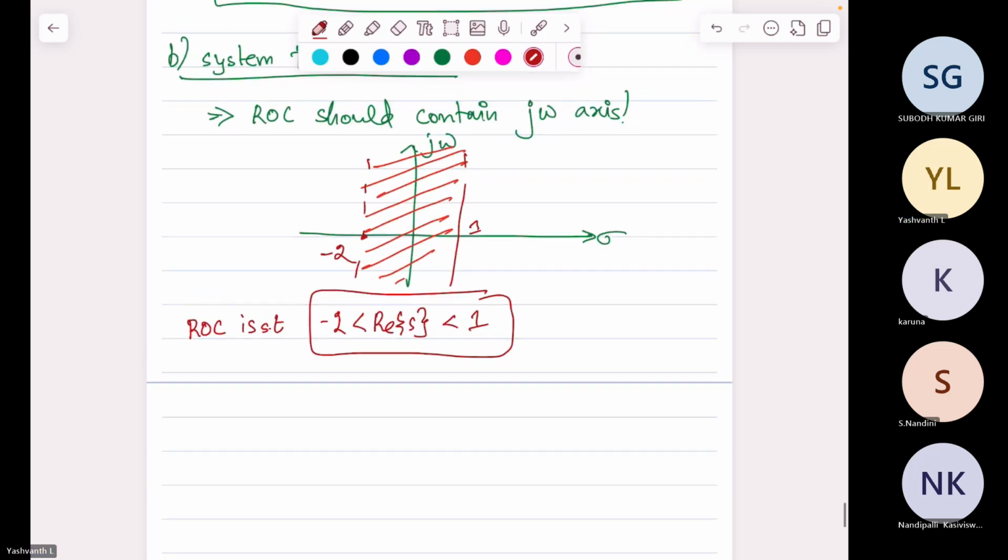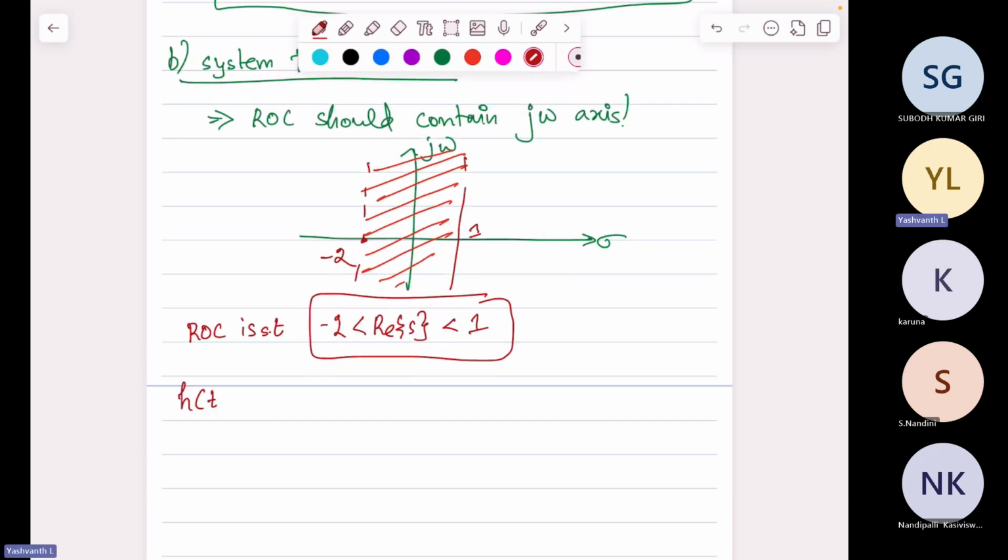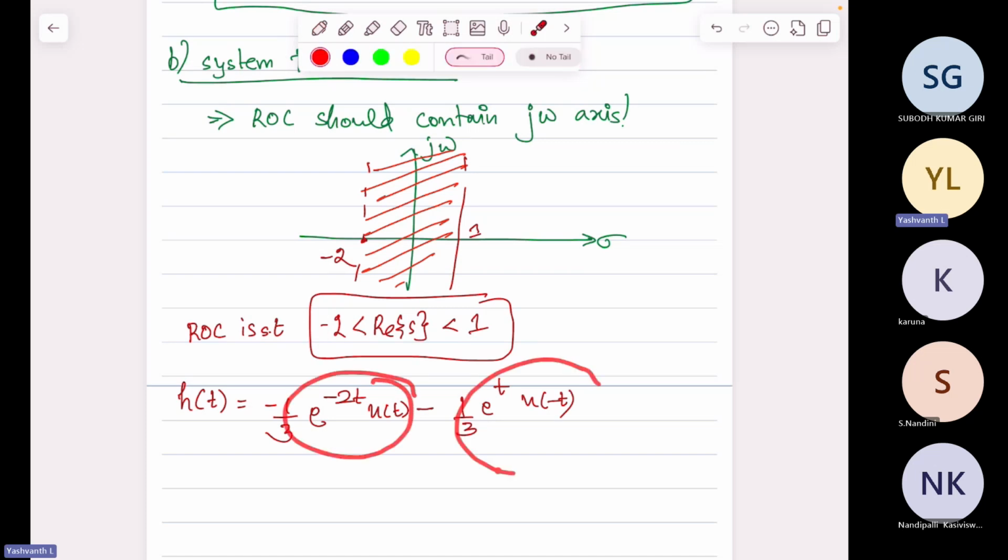Therefore, you can show that the inverse Laplace transform, just do it out like the previous question, comes out to be -1/3 e^(-2t) u(t) - 1/3 e^(t) u(-t). That is both right-sided and left-sided, or a two-sided signal, for which the ROC is a finite strip.